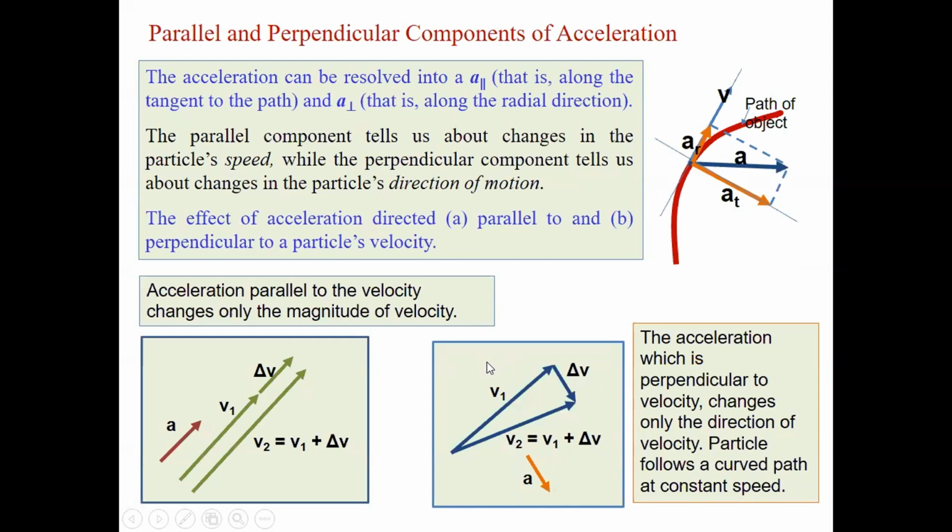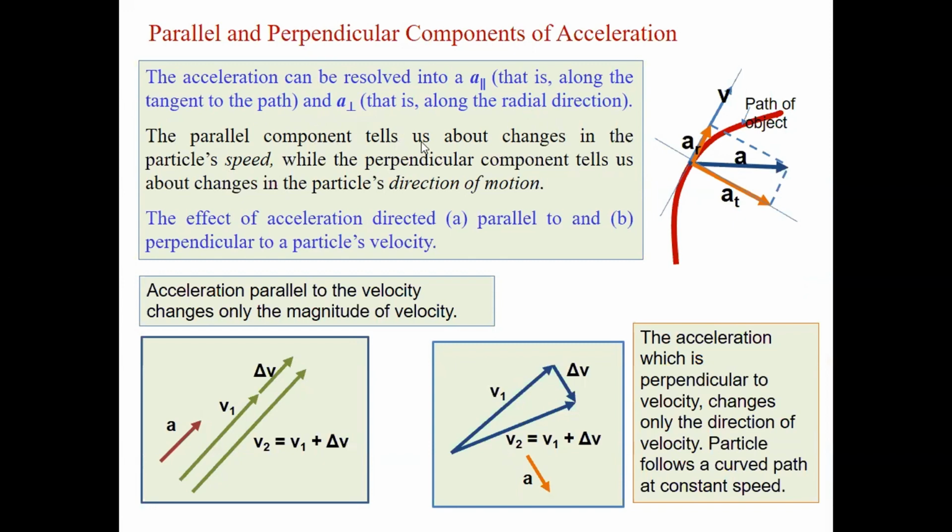Actually, the components of the acceleration are resolved whenever we see the path of the object as a curved path. The acceleration can be resolved into two components. One is the parallel component along the tangent of the path, and the other is the perpendicular or radial direction.